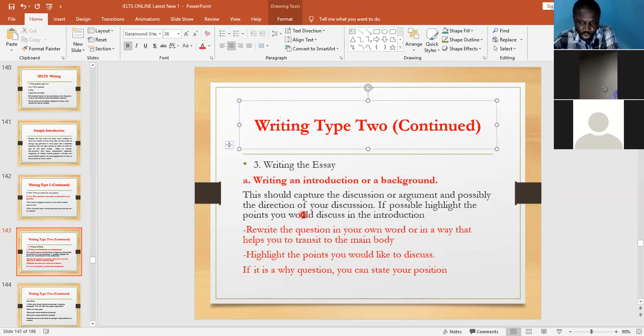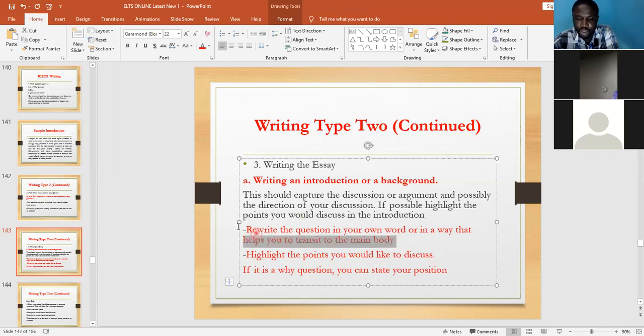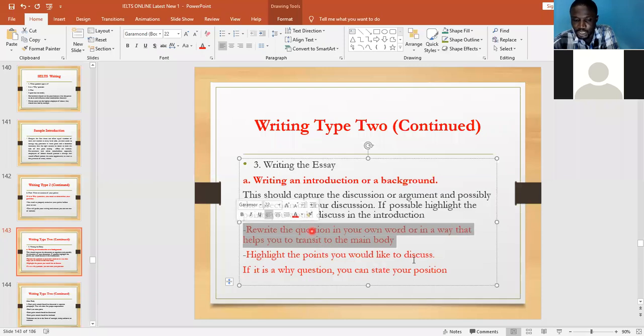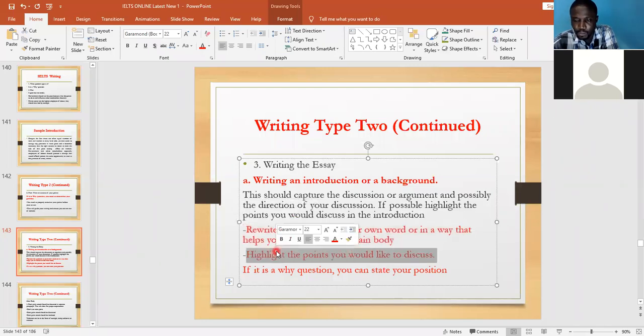Your introduction should be a rewrite of the question. You rephrase it in your own words, in a way that allows you to transition into the main body. Then you highlight the points you would like to discuss. So that is your introduction.